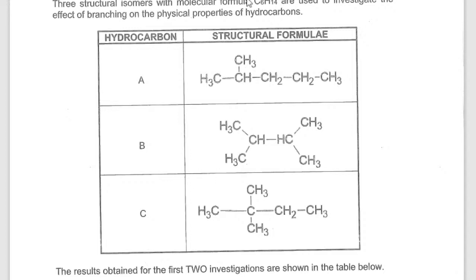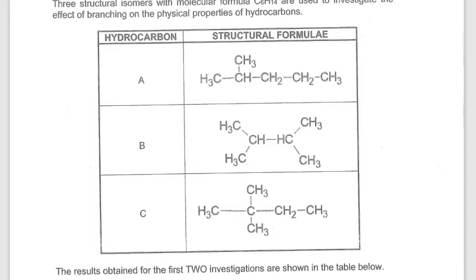Vapor pressure increases as the branching increases. Melting point decreases as the branching decreases. The boiling point decreases as the branching increases. You have to know that principle so that you are able to understand all the questions.